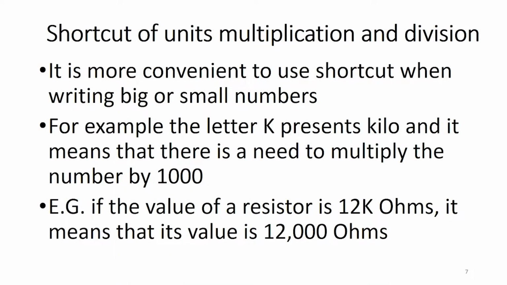It is more convenient to use shortcuts when writing big or small numbers. For example, the letter K presents kilo, and it means that there is a need to multiply the number by 1000. For example, if the value of a resistor is 12k ohms, it means that its value is 12,000 ohms.